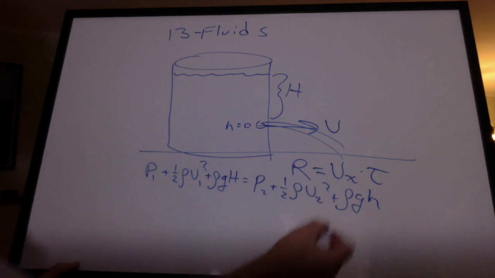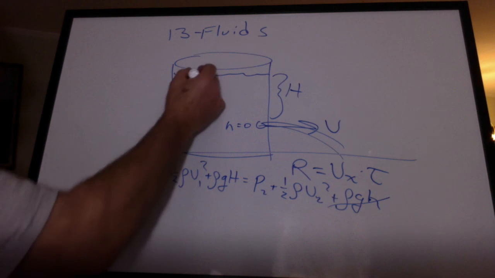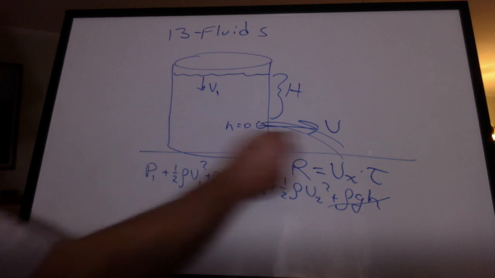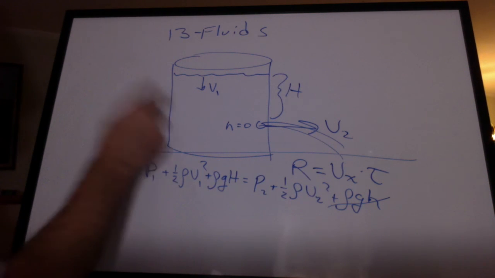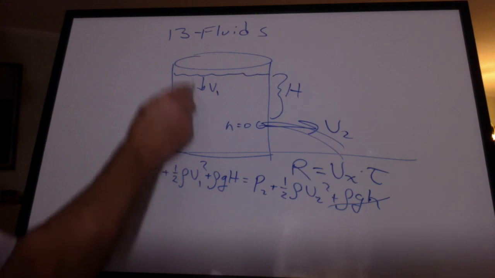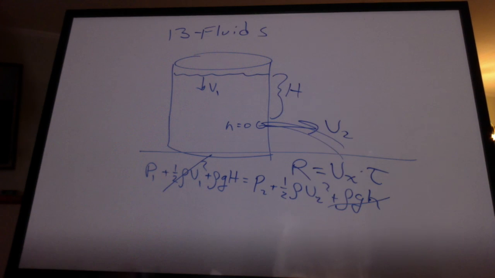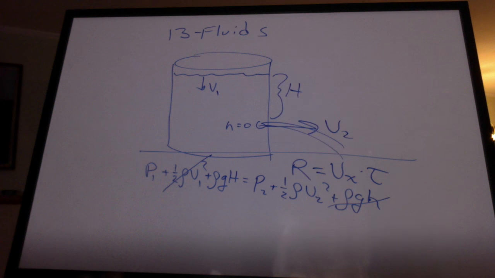I'm going to make that 0. That goes away. The velocity of this water draining here is going to be very slow compared to that velocity coming out. If we can make an assumption that this is wide and that's going to be therefore slow, then I can get rid of that. It's an approximation. It's not exact. With that in there, the problem becomes a little harder.